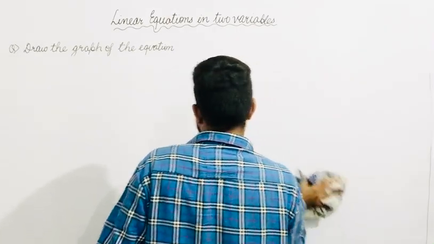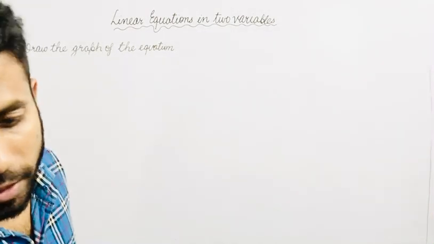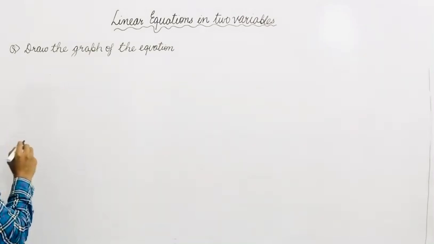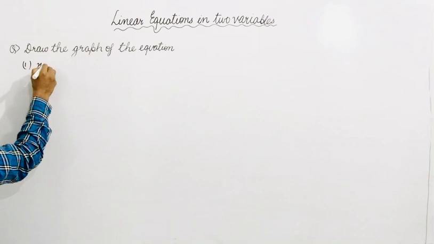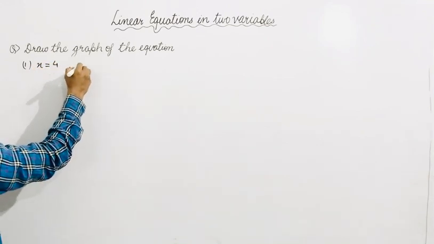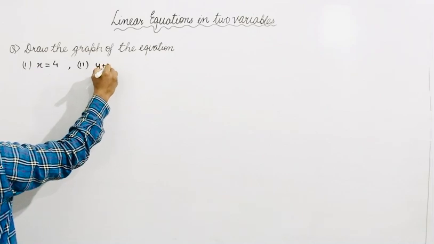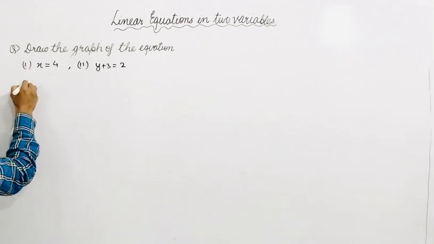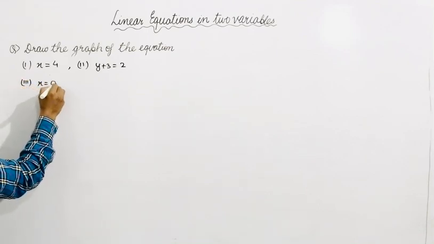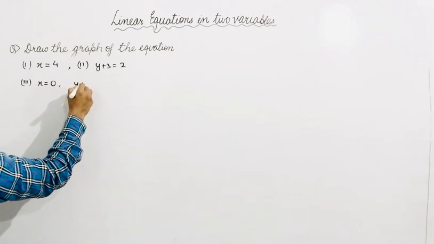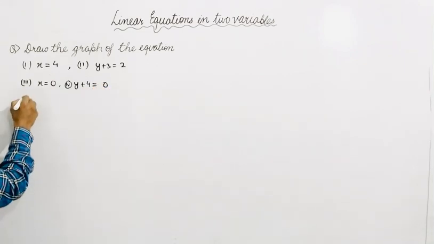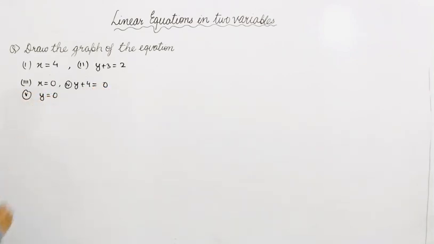Let me tell you some very interesting things. Draw the graph of number 1, x equals 4; number 2, y plus 3 equals 2; number 3, x equals 0; number 4, y plus 4 equals 0; number 5, y equals 0. You have to draw the graph of these things.